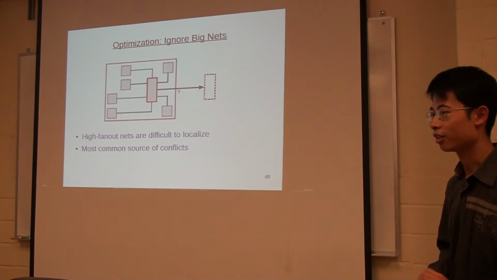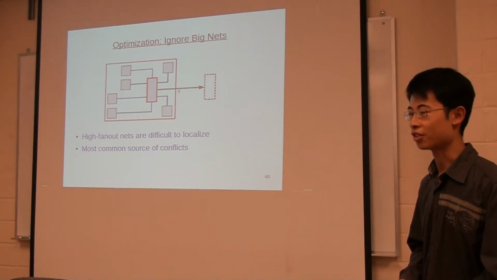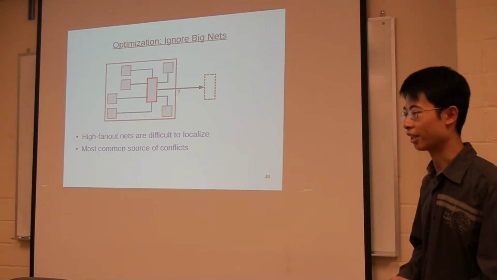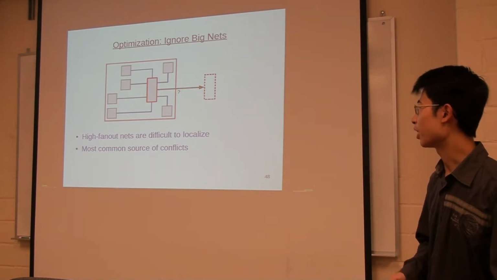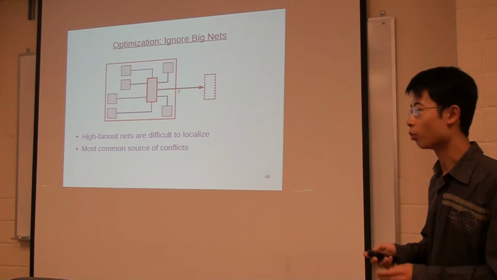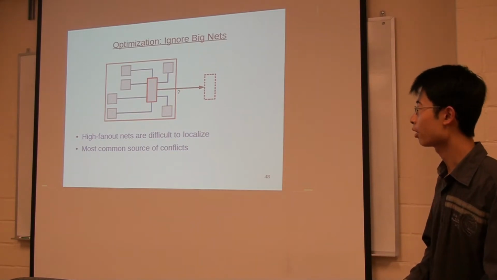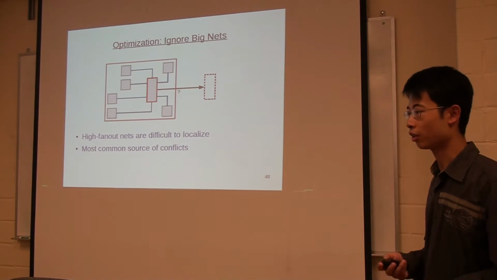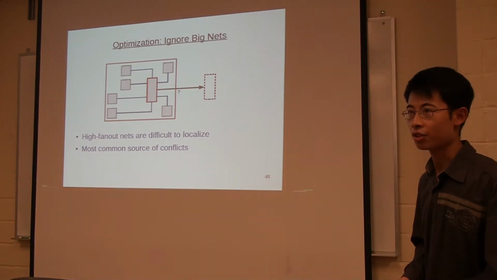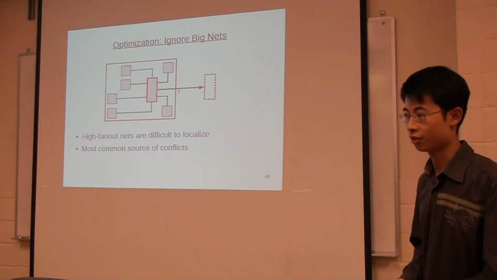Switching gears a bit, there's an algorithmic optimization we incorporated since the beginning, and that was ignoring big nets. Big nets are typically associated with tall blocks in a heterogeneous architecture, and these are just high fan-out nets which are difficult to localize, and for a parallel placer they would cause the most conflicts.